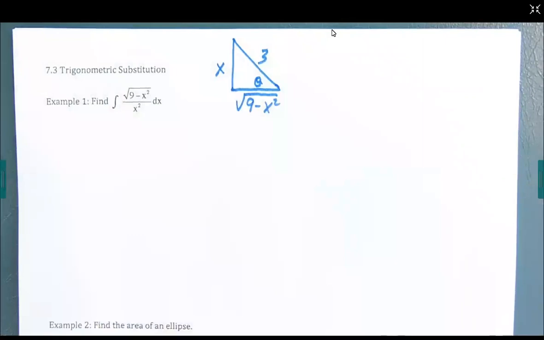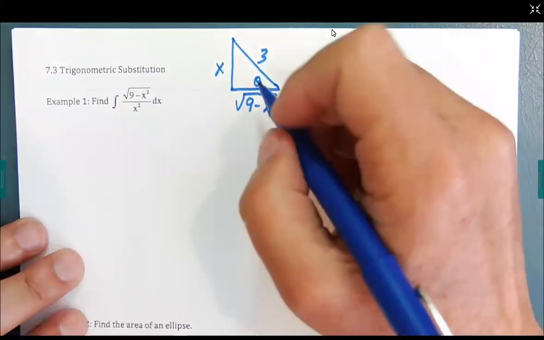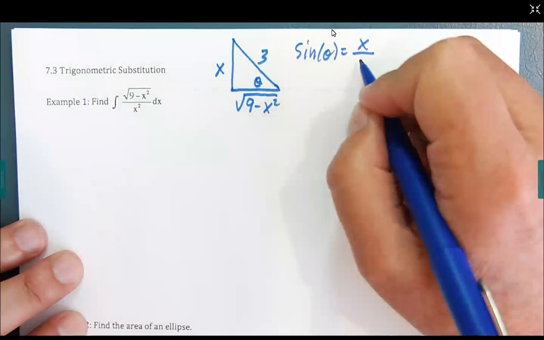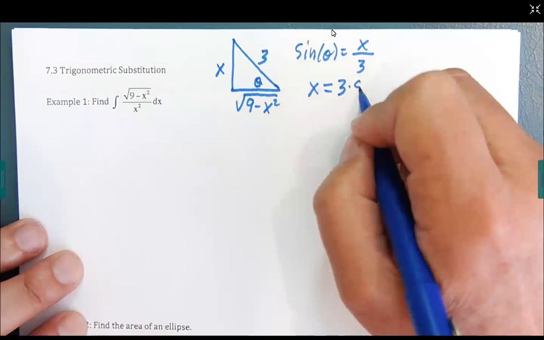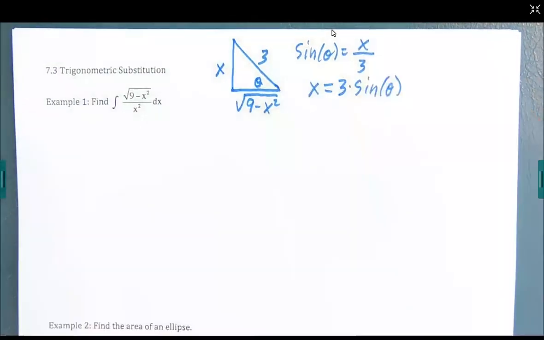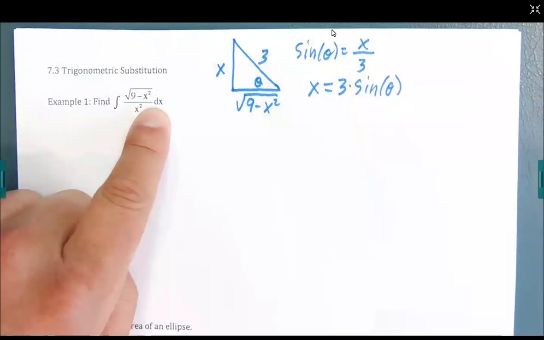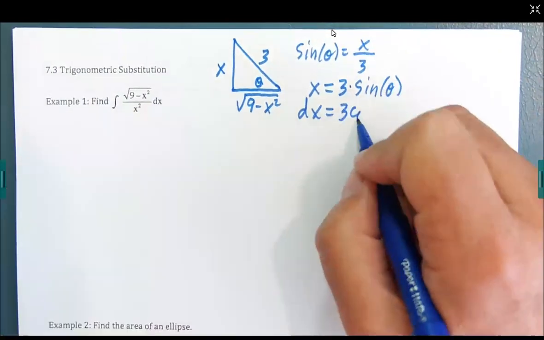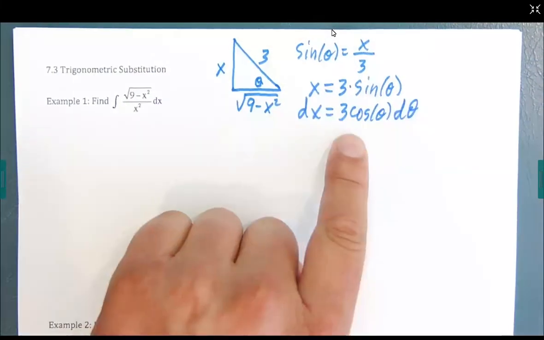And what that does for us is it allows us to transform it from in terms of x's into terms of thetas. So I'm going to see that the sine of theta is the opposite, x, over the hypotenuse, which is 3, which means x is equal to 3 times the sine of theta. Now there are 3 parts here that I need to transform. The one that's easy to forget is the dx, so I'm going to get that right away. So the dx is going to get replaced with that.